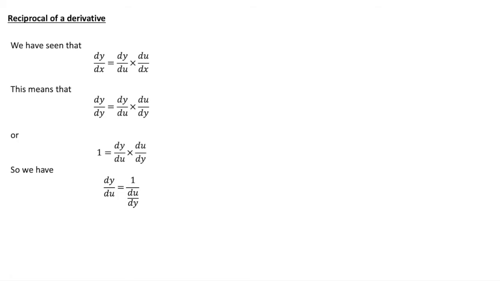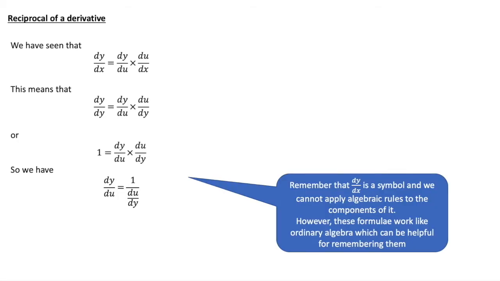It is important to remember that dy/dx is a symbol, and we can't just apply algebraic rules to it, or to the components of it. It does look like we are doing that, and that's useful because these formulae do work a bit like ordinary algebra, which can help in remembering them.